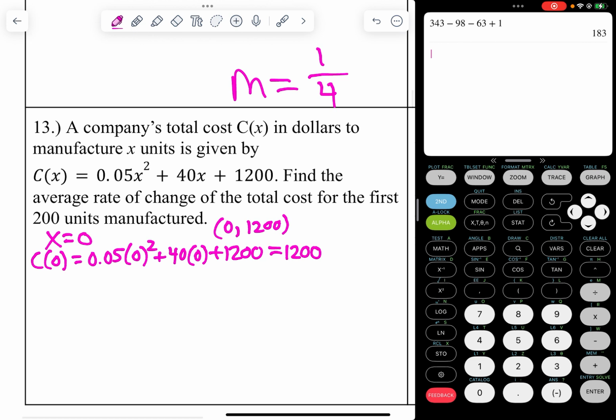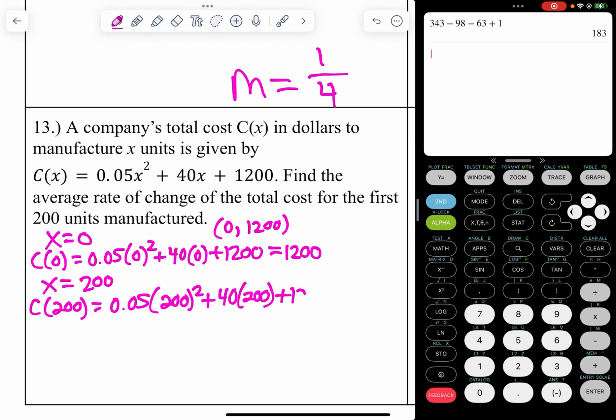And then we need to find out what it costs to manufacture 200. So you should get 11,200.